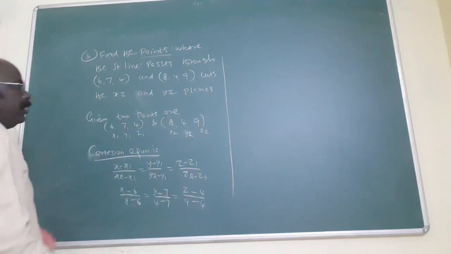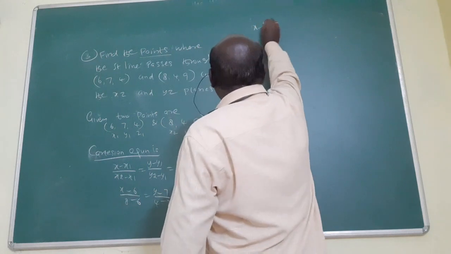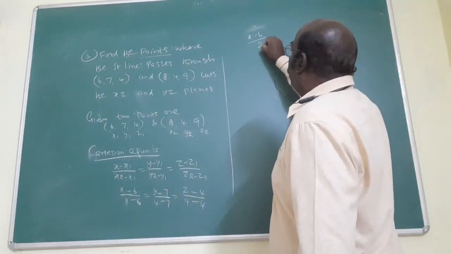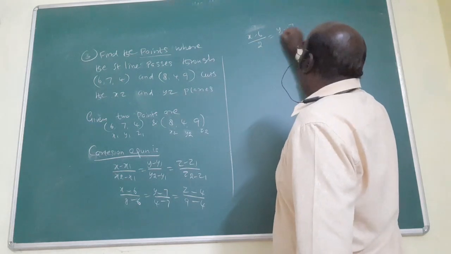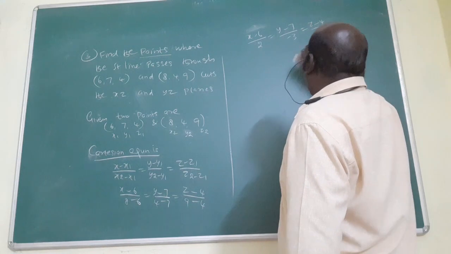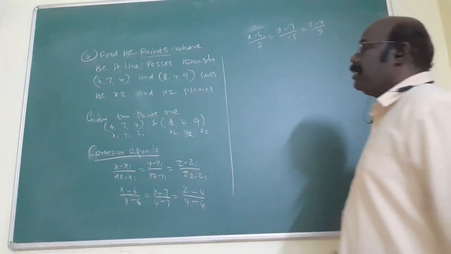Now simplify: (x minus 6) by 2, (y minus 7) by minus 3, (z minus 4) by 5. Am I right? This is the Cartesian equation.